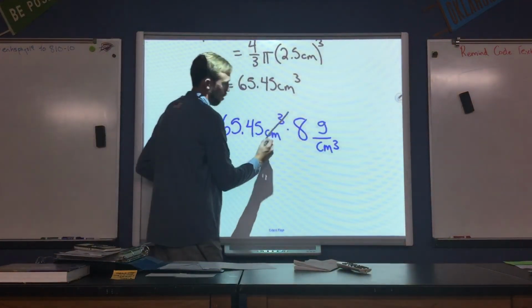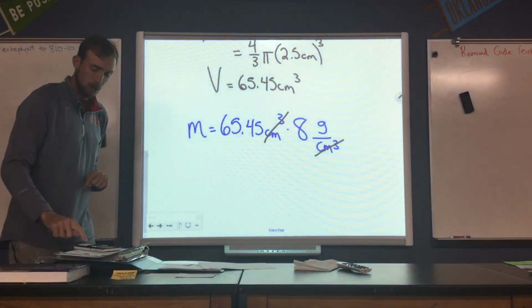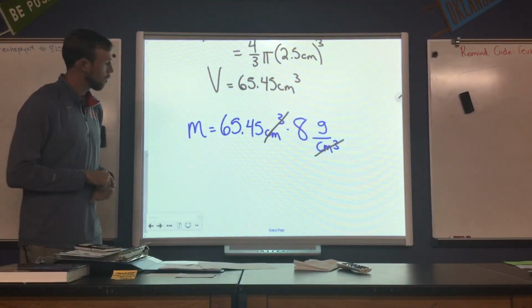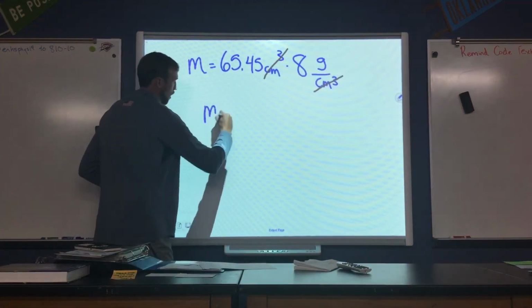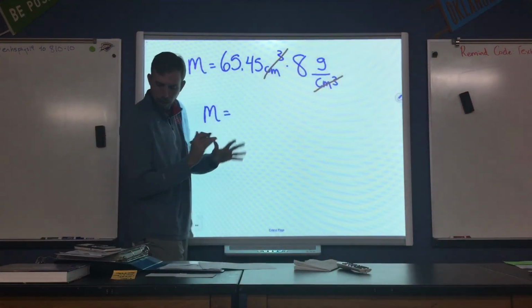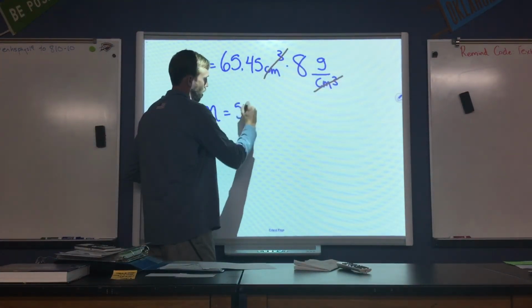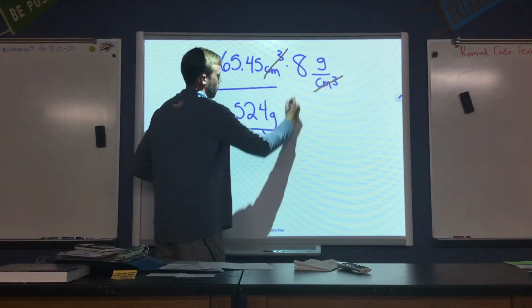We have centimeters cubed divided by centimeters cubed, which should leave us with units of grams. So when we multiply 65.45 by 8, we get a mass value of about 523.6. You can round that to 3 significant figures to be 524 grams.